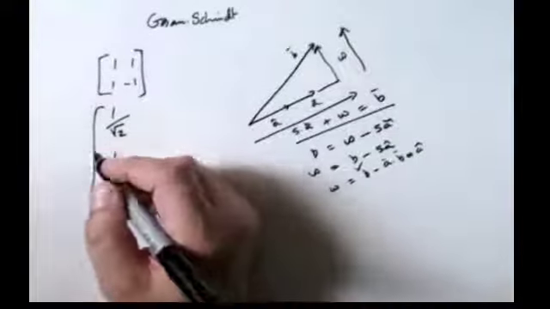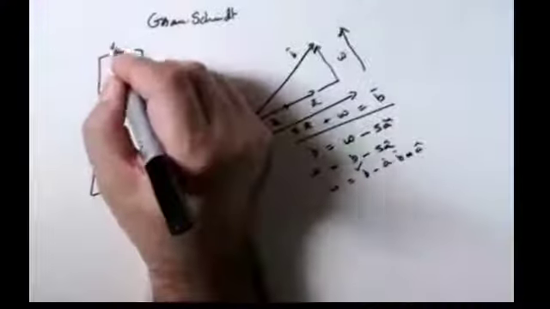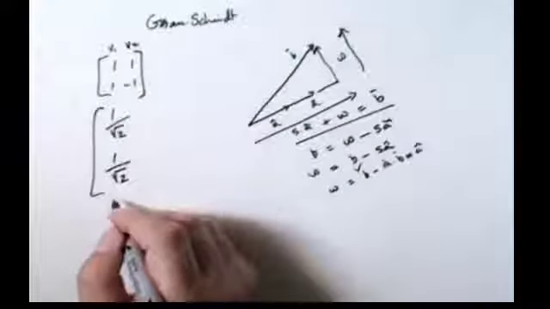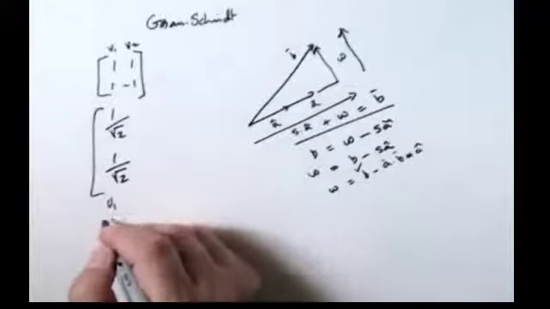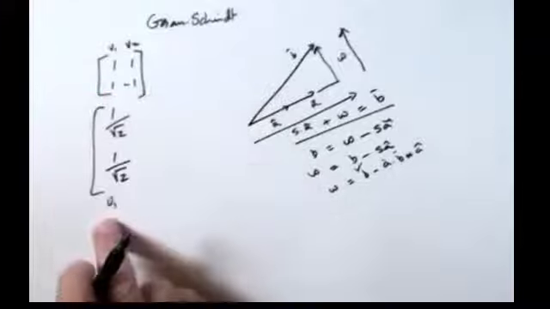In this case, if I call this V1 and this V2, then this one is actually U1. This is my unit vector that is normalized in the direction of V1, right?